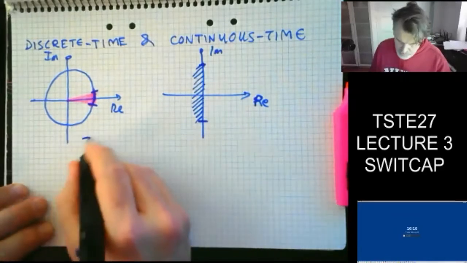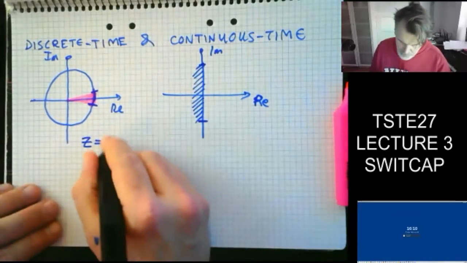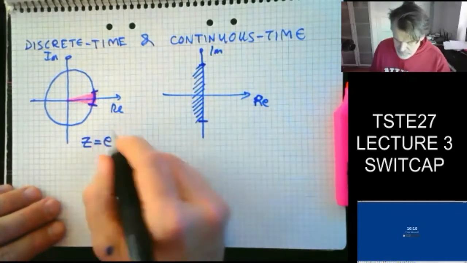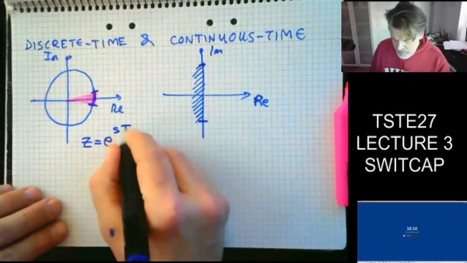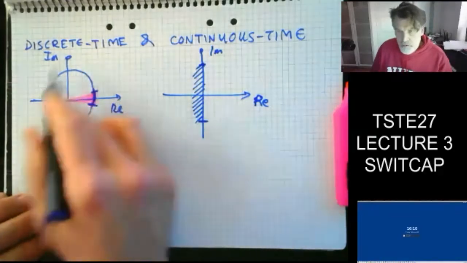We know, for example, if we take the boundary between Laplace and Fourier, Z is going to be equal to e to the st on the unit circle.